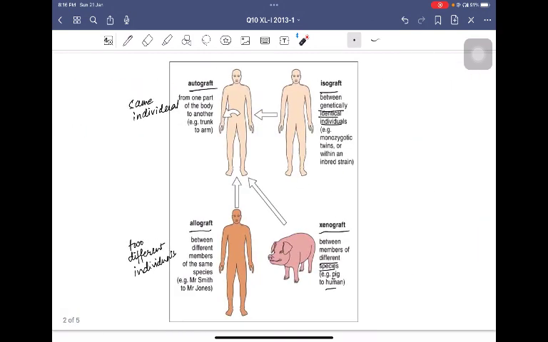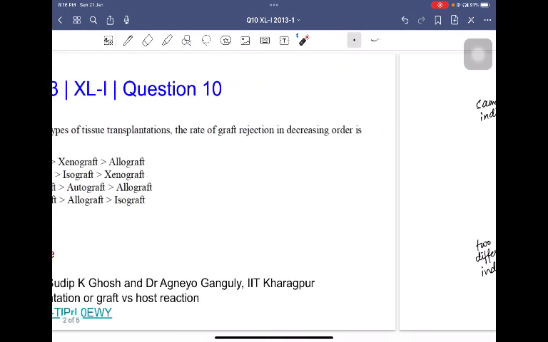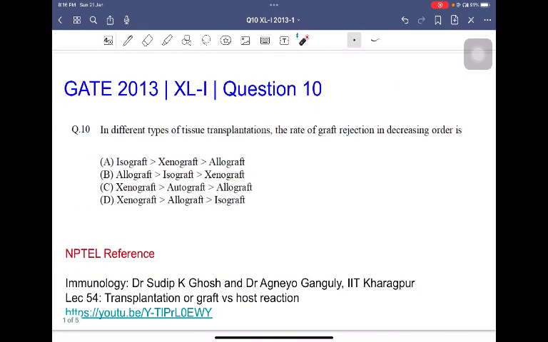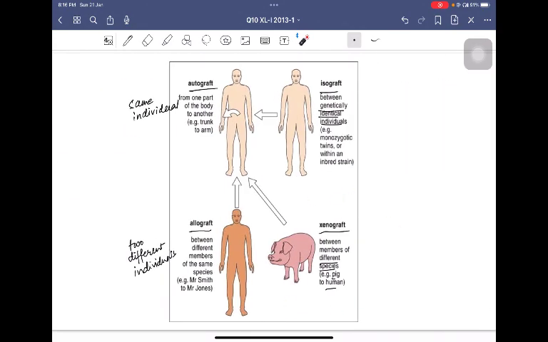Now, coming to the next, the isograft. Isograft will obviously have a higher chance of graft rejection than autograft, okay? But it will be lesser than allograft, and that will again be lesser than xenograft. Obviously xenograft will have the highest chance of graft rejection because these two individuals belong to different species.